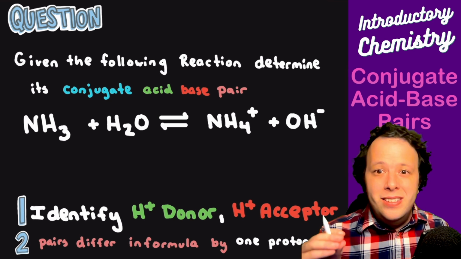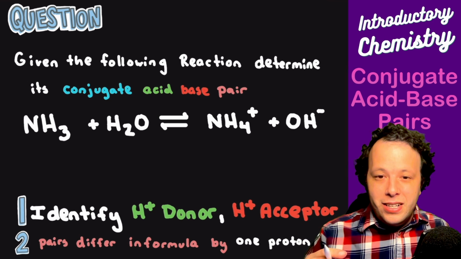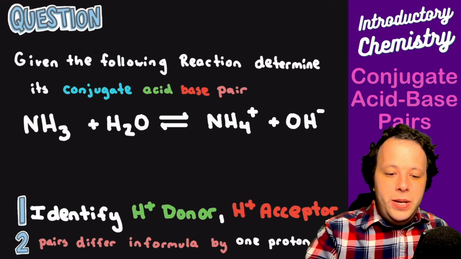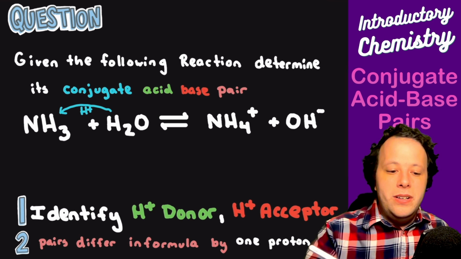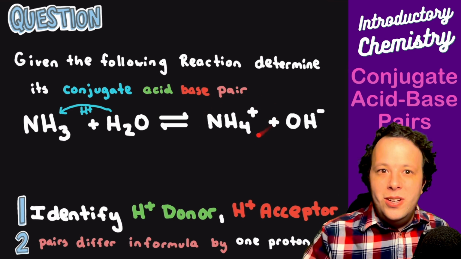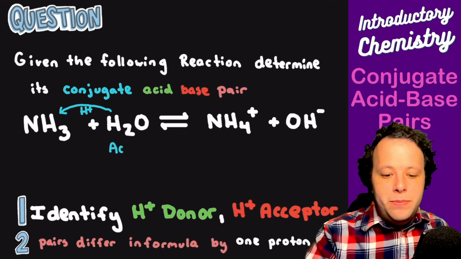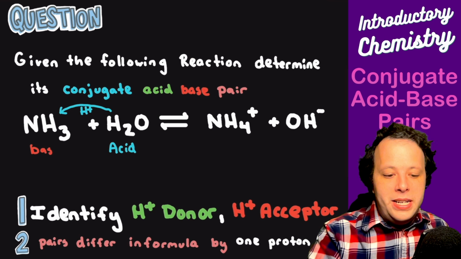We see ammonia is reacting with water to create NH4 plus and hydroxide. If I look at water, we can say that it donated an H plus to ammonia to make ammonium, right? So we see the difference on the side here. When we label these, we can see water is behaving like an acid, and ammonia is behaving like a base.